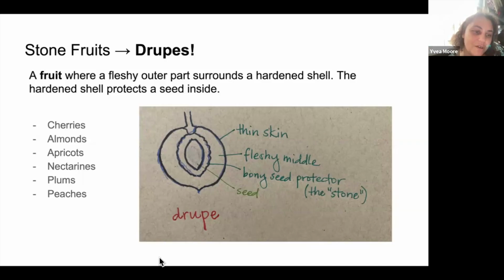Has anybody here actually seen an almond on a tree? Oh, Linda has. Go ahead, Linda. My great aunt used to have an almond tree down in San Jose, and it's been a very long time since I've seen an almond tree up close like that.